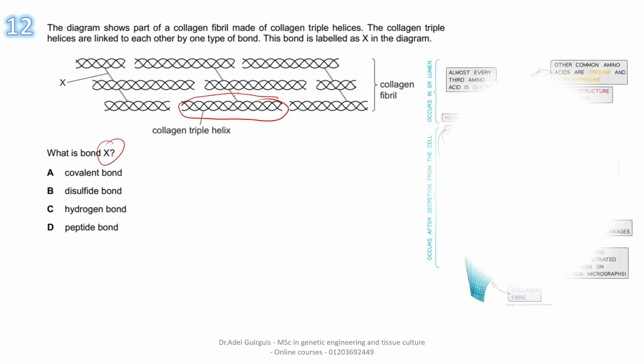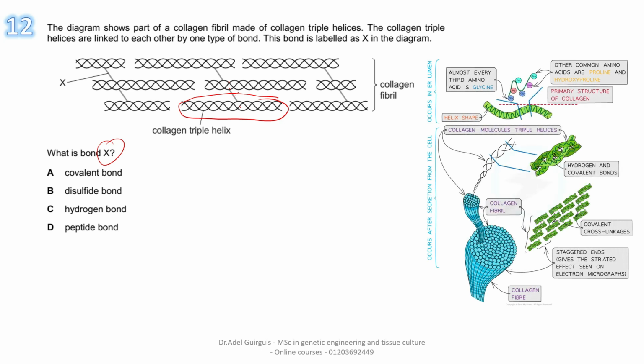Let's revise collagen. Collagen is a structural or fibrous protein formed from a sequence of amino acids. Every third amino acid is glycine. This is the primary structure of collagen.